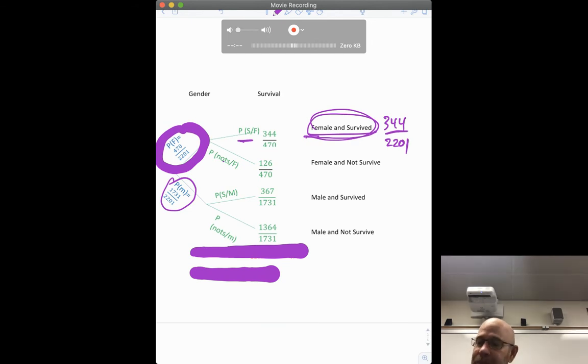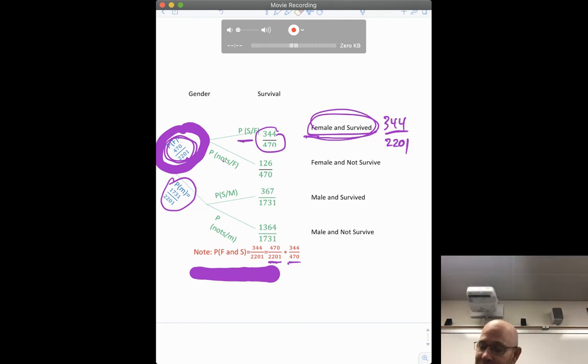So I go back and erase this. Notice that the 470 over 2201 times the 344 over 470, if you multiply those two numbers together, the two numbers that you see in my chart, you get that 344 over 2201.